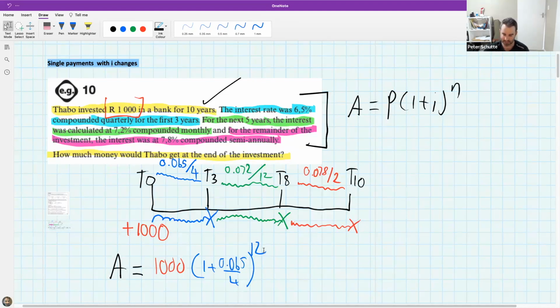Now, get me a value for that. What amount of money is sitting in the bank account at that point? It's going to be here. Pop it in your calculators and see what you get.